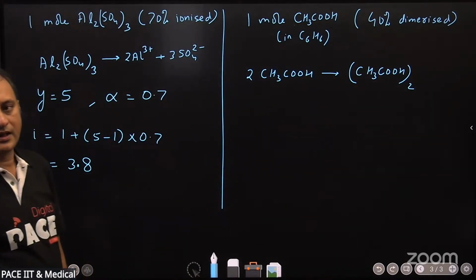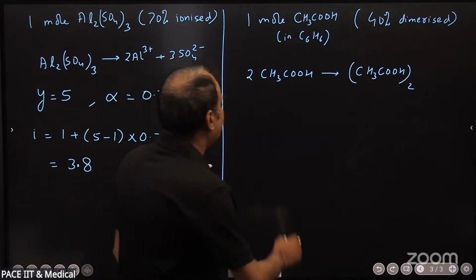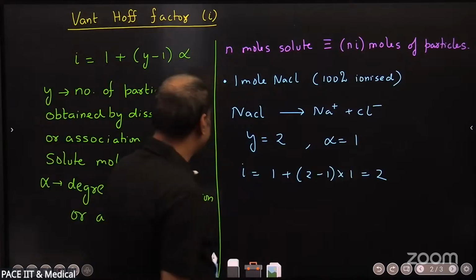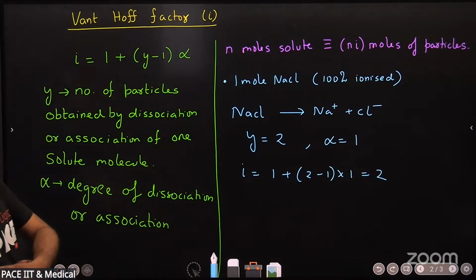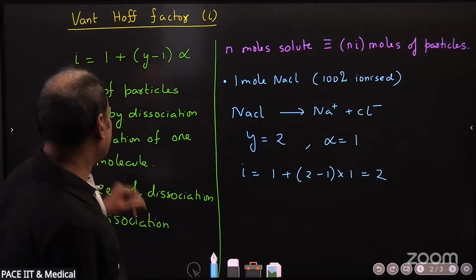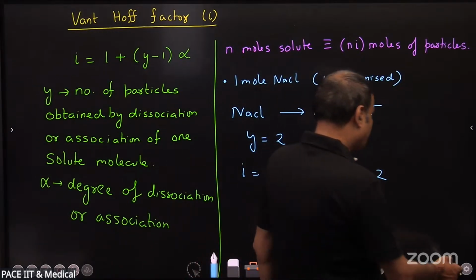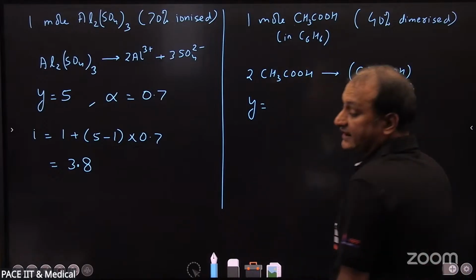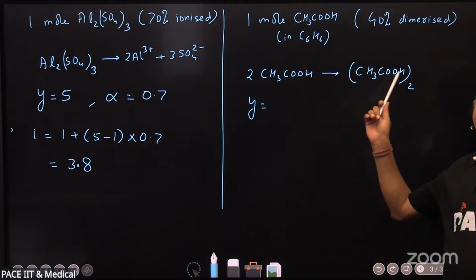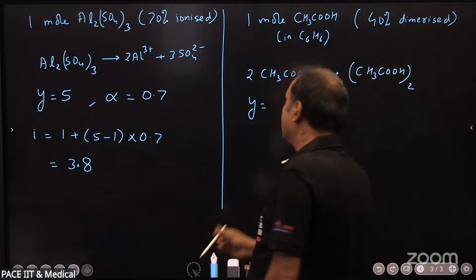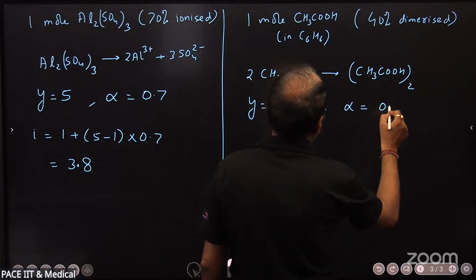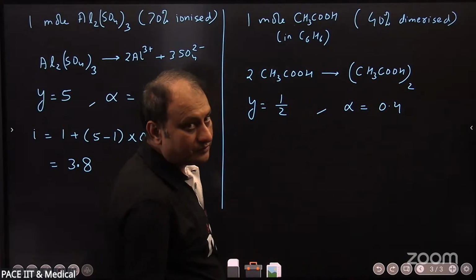Okay? So now how will we write y? How did we define y? Number of particles obtained by dissociation or association of one solute molecule. Now here we are getting one particle from two molecules, so we will be getting half a particle from one molecule. So y value is half and degree of association is given as 0.4.